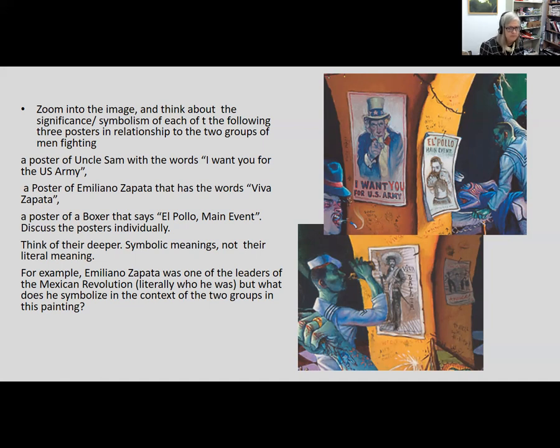For example, Emiliano Zapata was one of the main leaders of the Mexican Revolution. That's literally who he was. But what does he symbolize in the context of the two groups in the painting? Think about that. I'm not going to give you the answer.